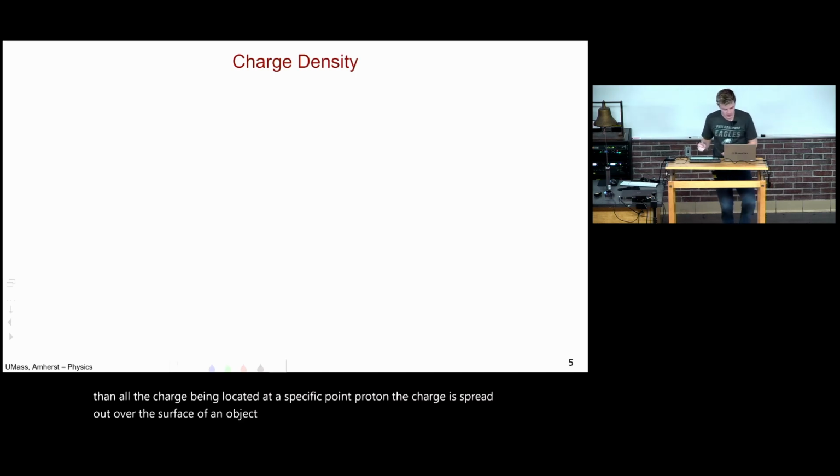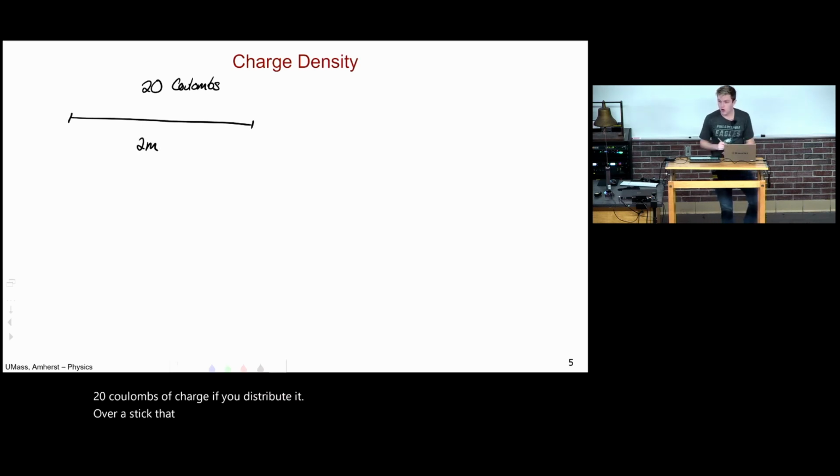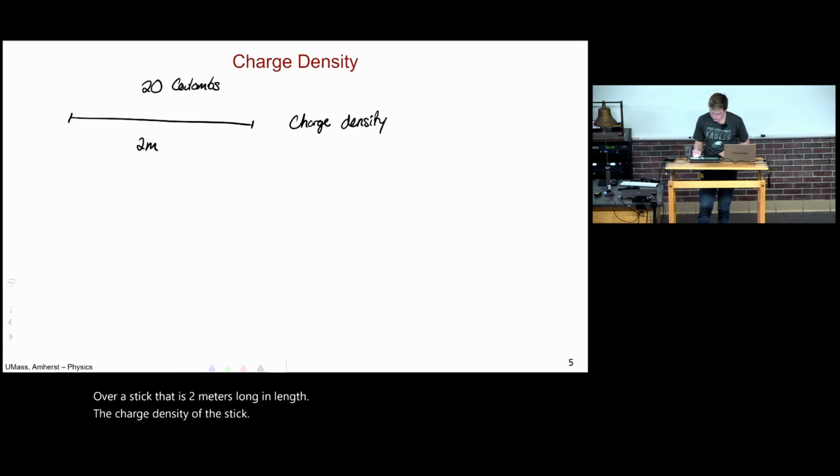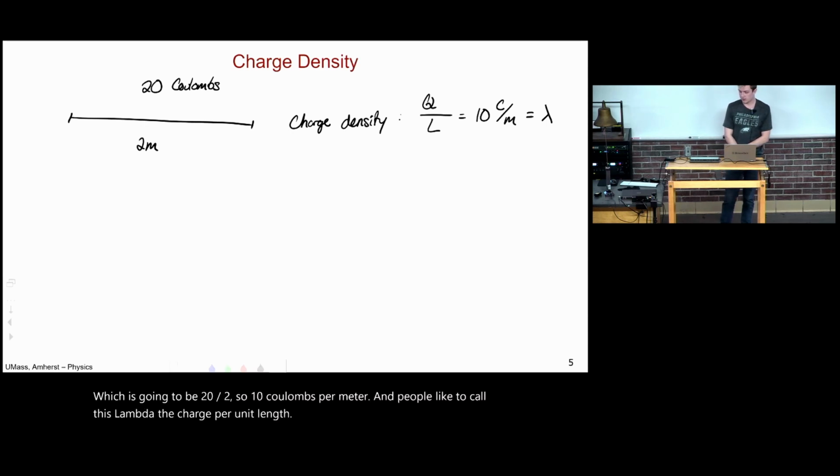Just as an example, if you spread out 20 coulombs of charge over a stick that is 2 meters in length, the charge density of the stick is the total charge over the length of the stick, which is going to be 20 over 2, so 10 coulombs per meter. And people like to call this lambda, the charge per unit length of a line.